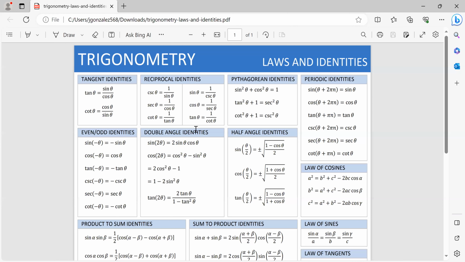See, it's gonna be one of these guys, right? So if you solve for cosine, we get 1 minus sine squared.